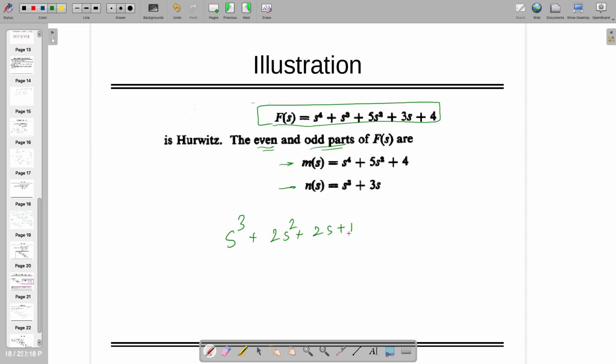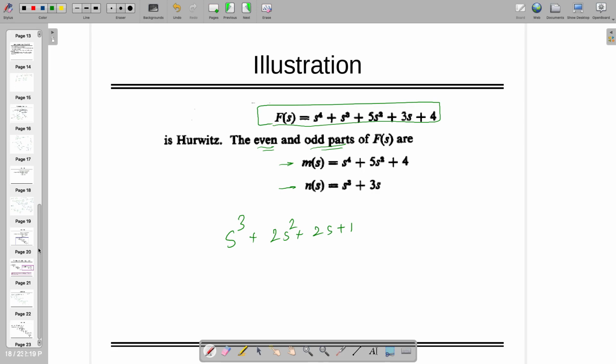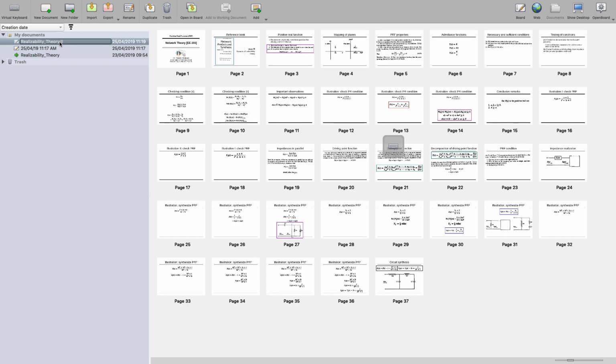Then you have to make it the reverse way. You can make it N of s divided by M of s. In that case, yeah. You can make it either way, it's not a problem. If that is the case, then you don't have to implement impedance, but it will be admittance. Right? Okay.